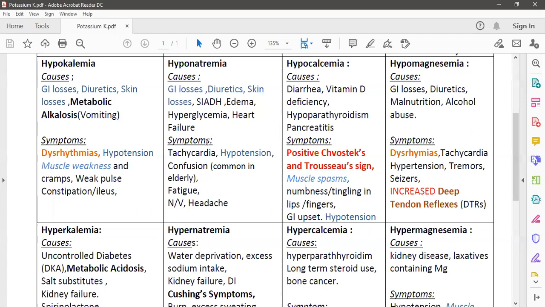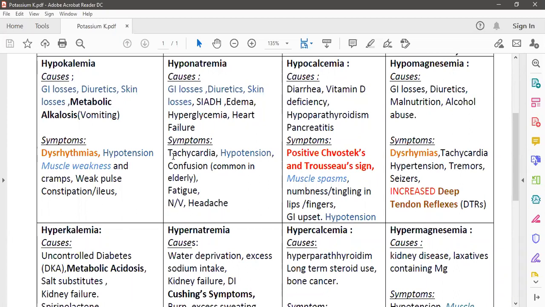So what are the signs and symptoms? The patient develops tachycardia, meaning increased heart rate, or hypotension. In hyponatremia, also hypotension, because of fluid loss, blood volume loss, blood pressure loss.